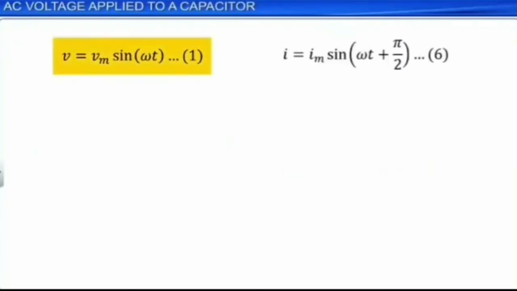As we said, current leads the voltage by an angle pi by 2. When both the phasors rotate, they generate these alternately varying functions as given.